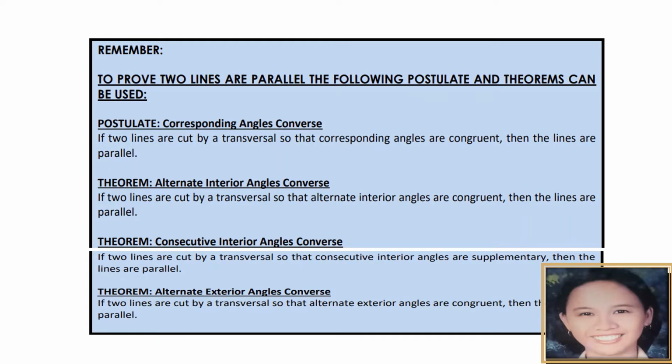If the lines are cut by a transversal and their alternate interior angles as well as their alternate exterior angles are congruent, then the lines are parallel. For consecutive interior angles, if the two lines are cut by a transversal and the consecutive interior angles are supplementary, meaning when you add them it is equal to 180, then the lines are parallel.